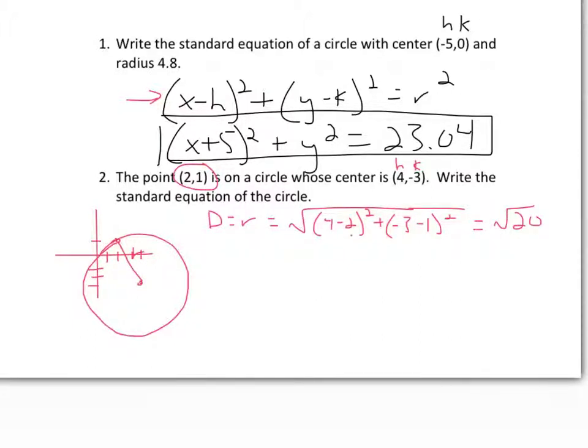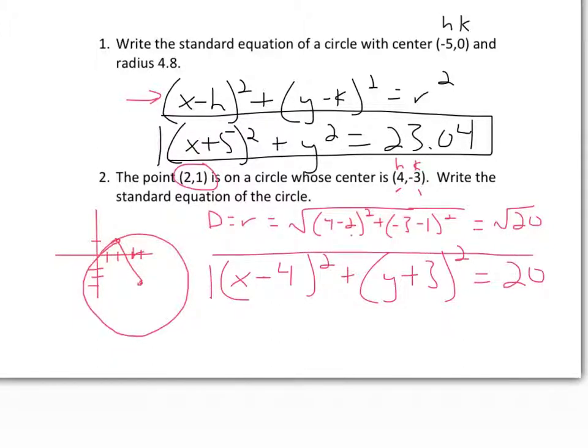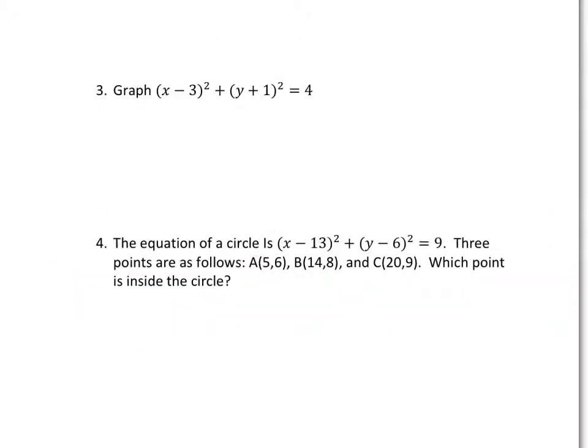Just like that, that's our radius. So for our equation, we're going to have (x - 4)², 4 is our h, plus (y + 3)², because that's our k, equals the square root of 20 squared, which is just 20. And that's complete. Let's do some more examples.